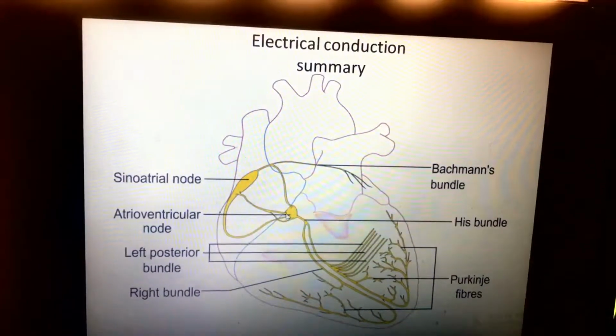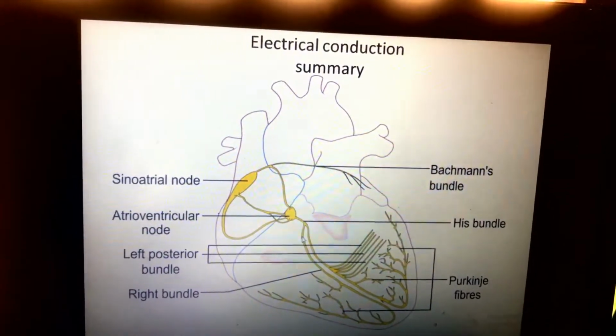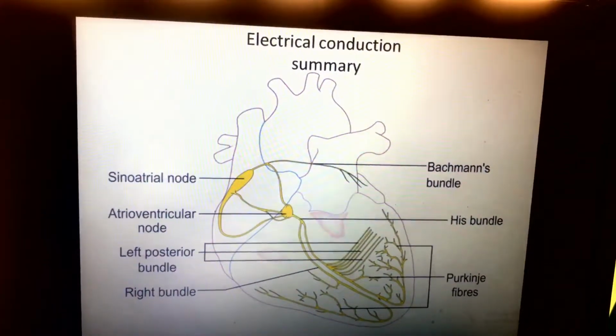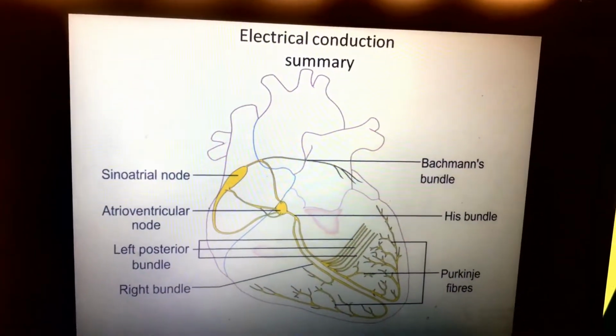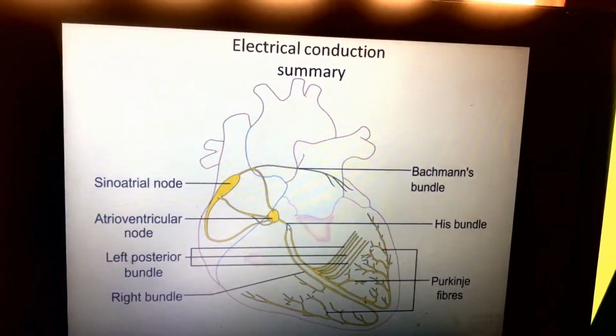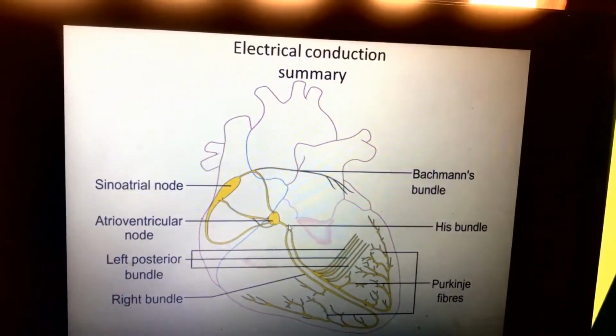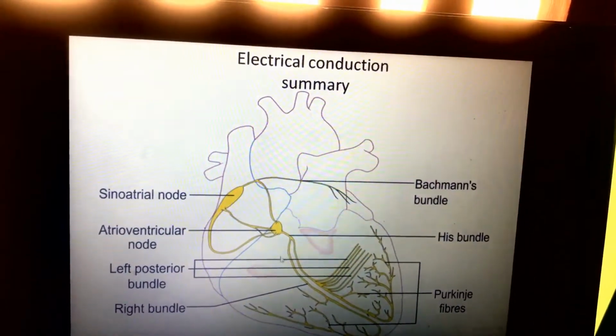The atrioventricular node will send the impulses via bundles. Now we have here what we call the His bundle. You can see this is the His bundle, and the His bundle will be separated into two bundles.